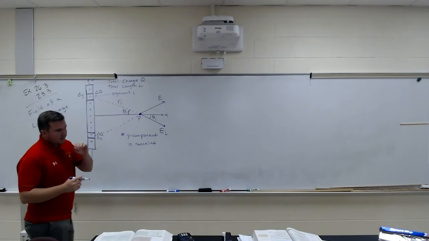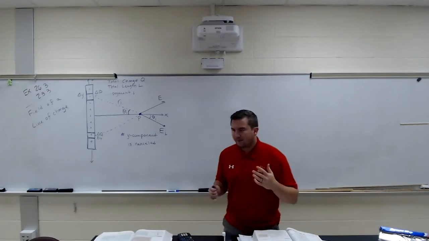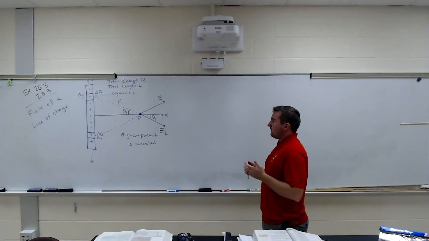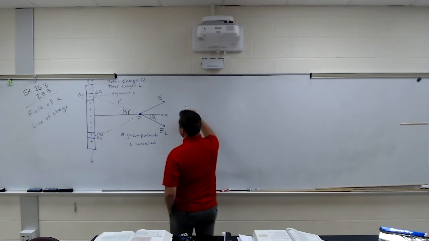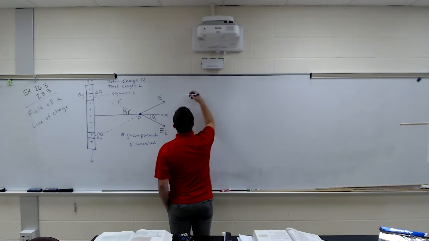Okay, cool. So I got my problem set up now, right? That's the first step. Now I want to start actually solving for the field, right? And what I'm going to realize is I have to figure out the x component of the electric field of i.